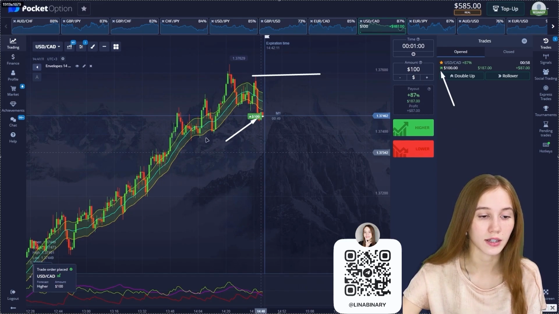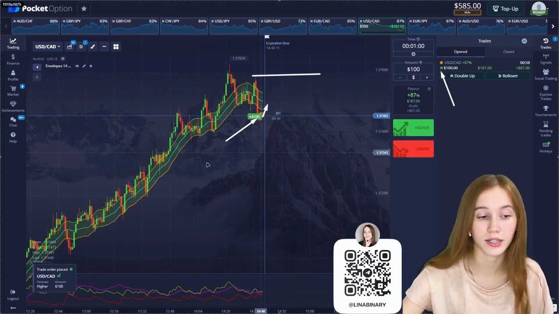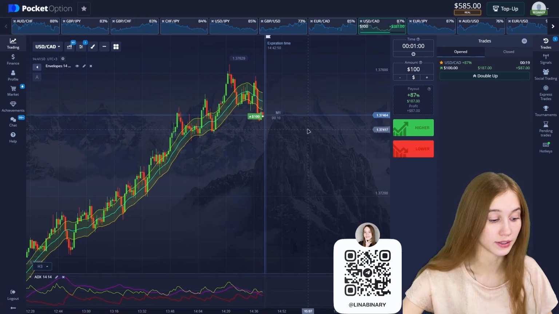Next we see the ADX intensity begins to fall, and the green and red lines are in the downward range. Here and here. Yeah, these lines. So there will be an intersection, and the trend will roll back a little.